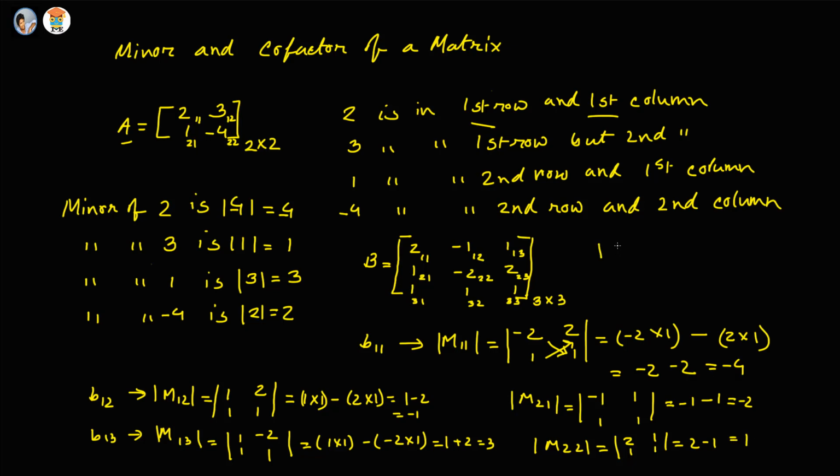And minor for 23, M23 will be equal to, we will not consider second row and third column, so we're left with 2, 1, -1 and 1. Therefore we have 2 minus -1 multiplied by 1 is -1. Therefore this is 3.